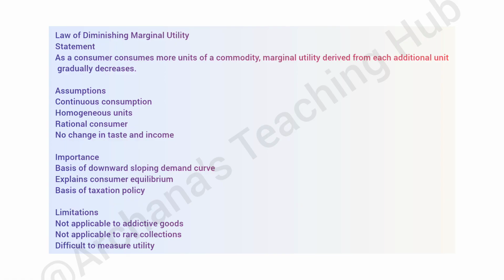Importance: basis of downward sloping demand curve, explains consumer equilibrium, basis of taxation policy. Limitations: not applicable to addictive goods, not applicable to rare collections, difficult to measure utility.